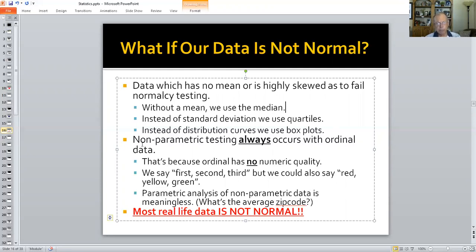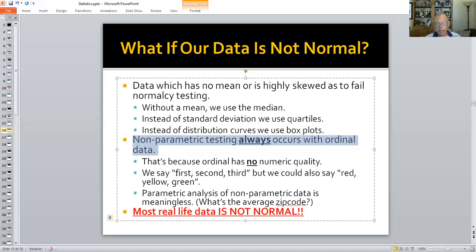Now, this is important for me to point out right here. Non-parametric. Parametric follows the parameters of mean and standard deviation. Non-parametric testing always occurs with ordinal data. Always. That's because ordinal has no numeric quality. Now, I know in the Olympics, they're going to say first, second, and third, and they give them bronze, silver, and gold.